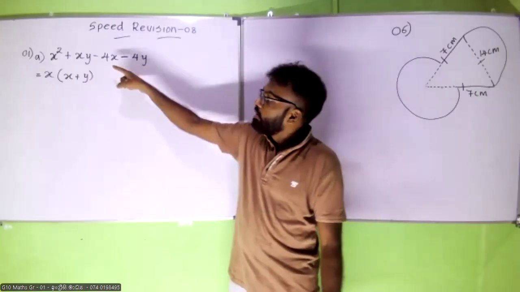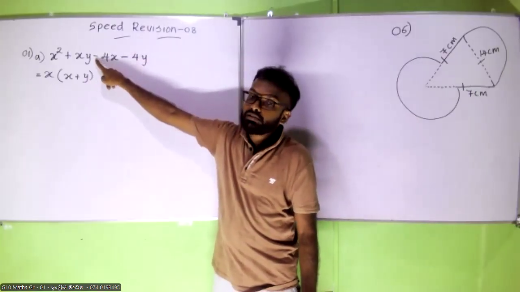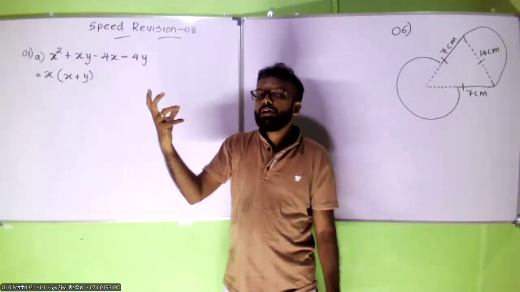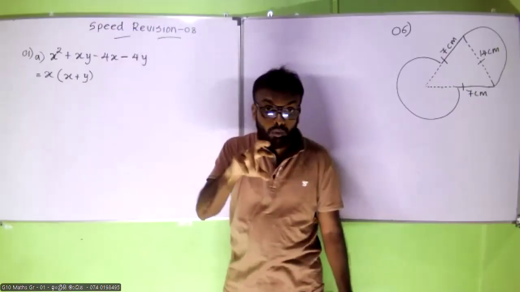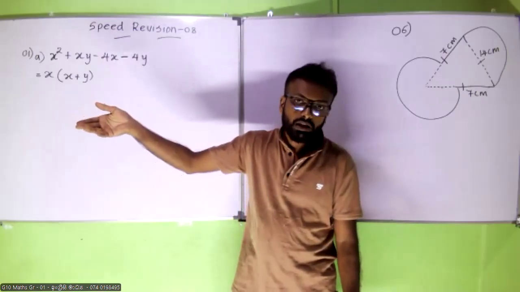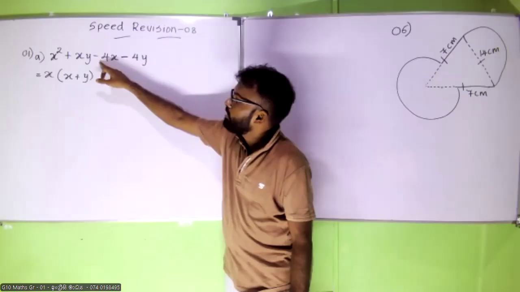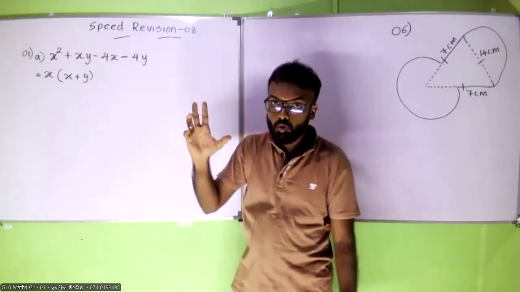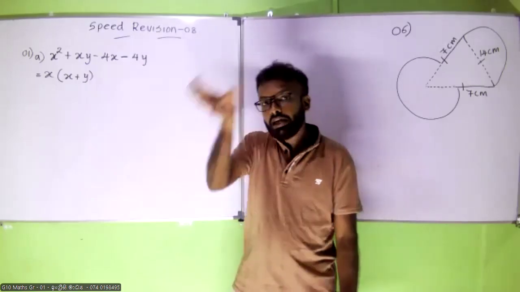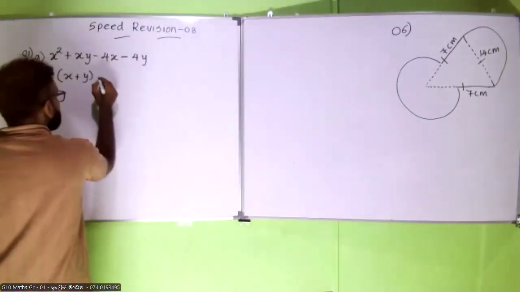So you need to identify that this minus sign is also common for both terms. Here you can see minus 4 is the common term, so take minus 4 out at once.